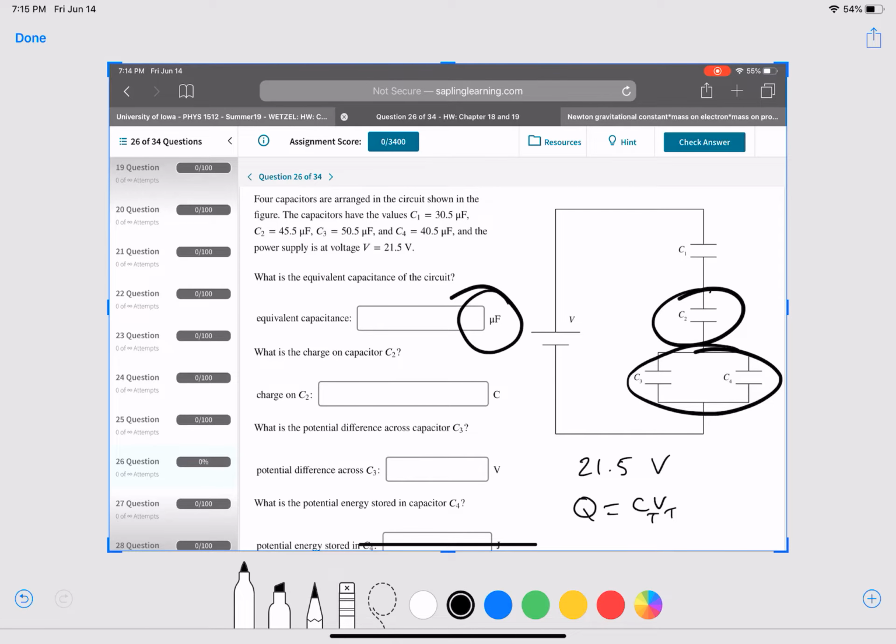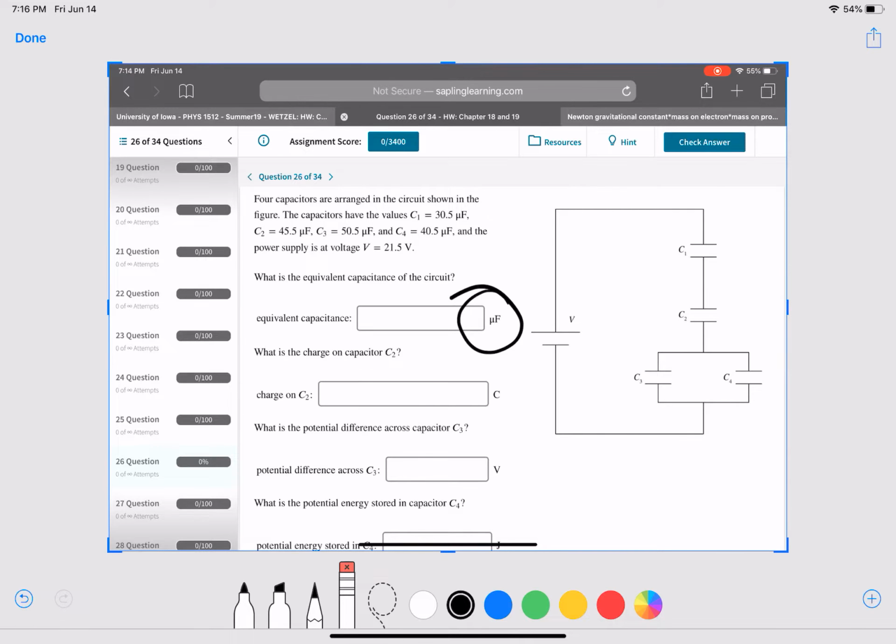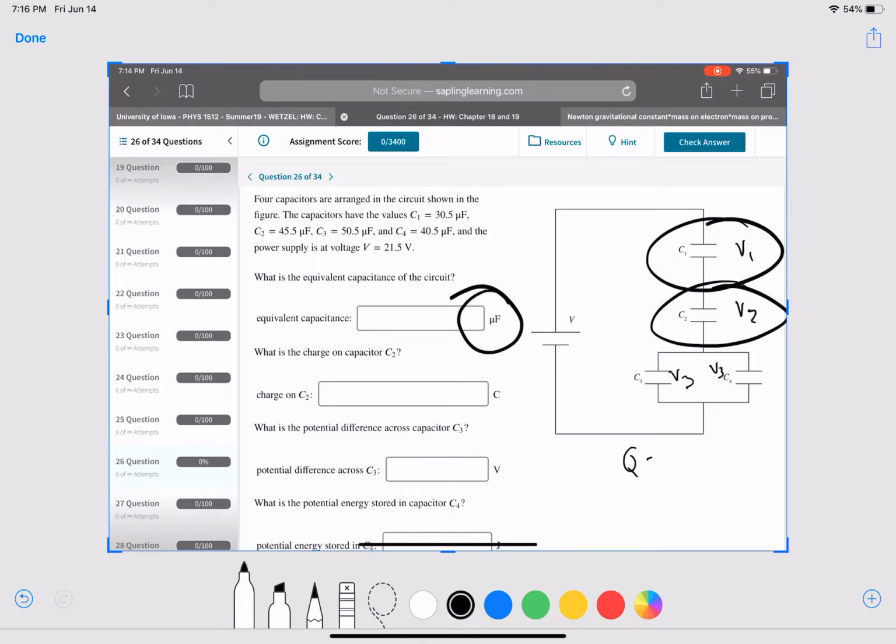And then what is the potential difference across capacitor 3? What you have to do is remember that you're going to have V1 here, V2 here, and then both of these are going to have V3, the same voltage on each of those. So what you want to do is figure out the voltage here and here, because Q equals CV, and Q is C1 V1, and Q is C2 V2.